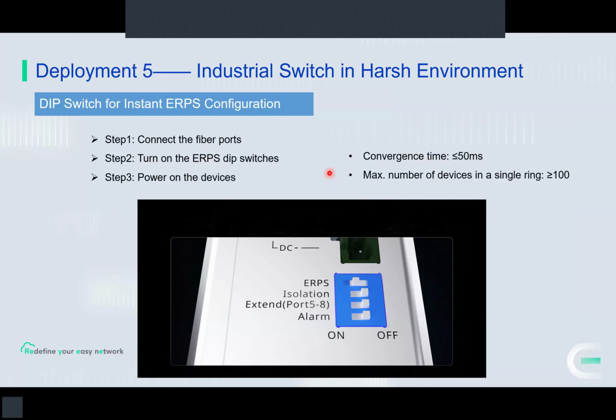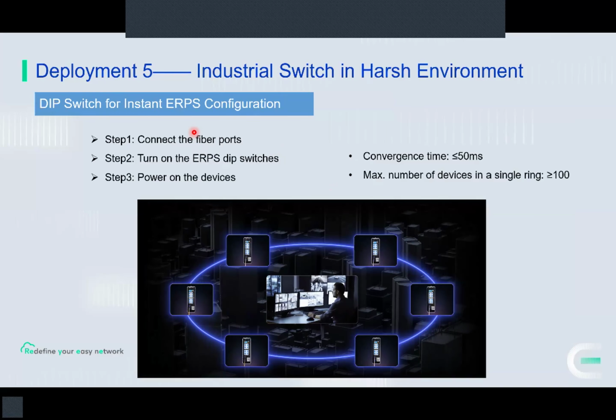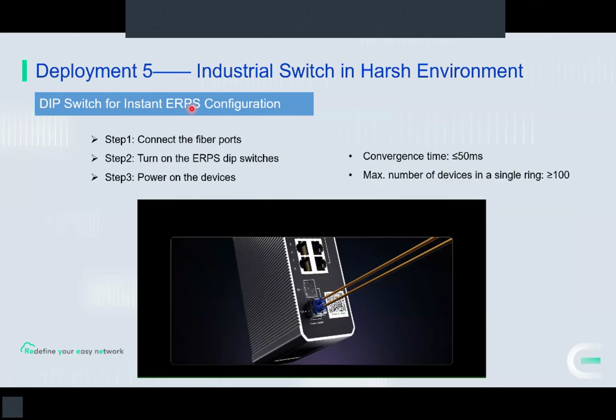And the industrial switch also supports one button click to set up the ERPS. If you would like to do the ring configuration, we call it ERPS, you just need one button to set it up. So I will show you this small video again.